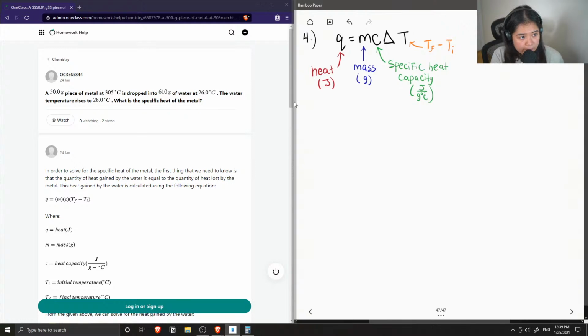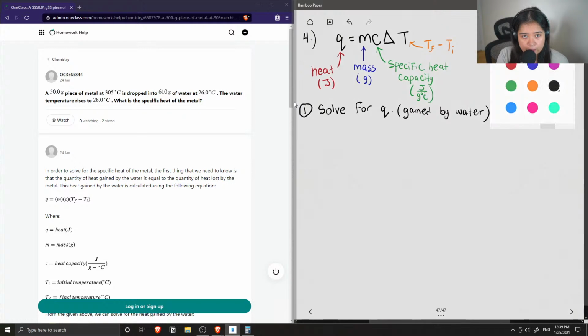So for part 1 of answering this question, we are first going to solve for Q that is gained by the water. The reason why we're going to do water first is because the specific heat capacity of water is a known value.